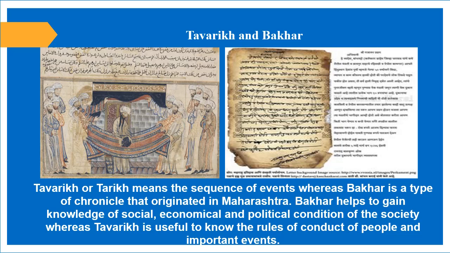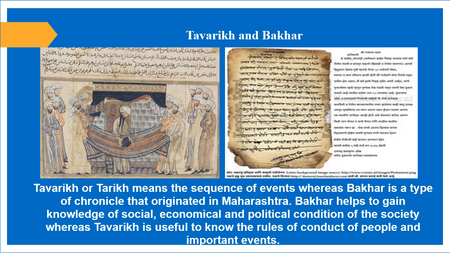Another written source is Bakar. So the only difference between Tawarik and Bakar is Tawarik में sequence of events बताते थे, not specific to Maharashtra, but Bakar वो महाराष्ट्र में वर्ड दिया गया था, which also tells the story in a sequential manner. But say for example शिवाजी महाराज से related जो story होगा, that story if it is in a sequential manner it will be called as Bakar.